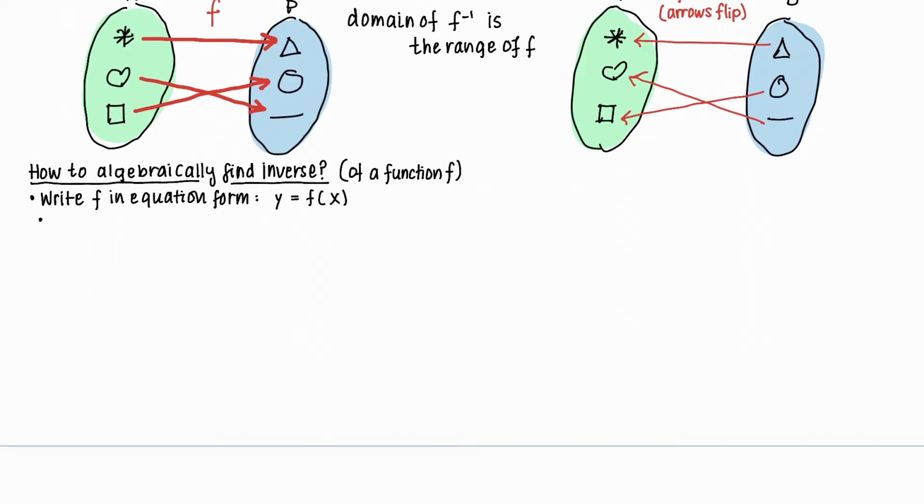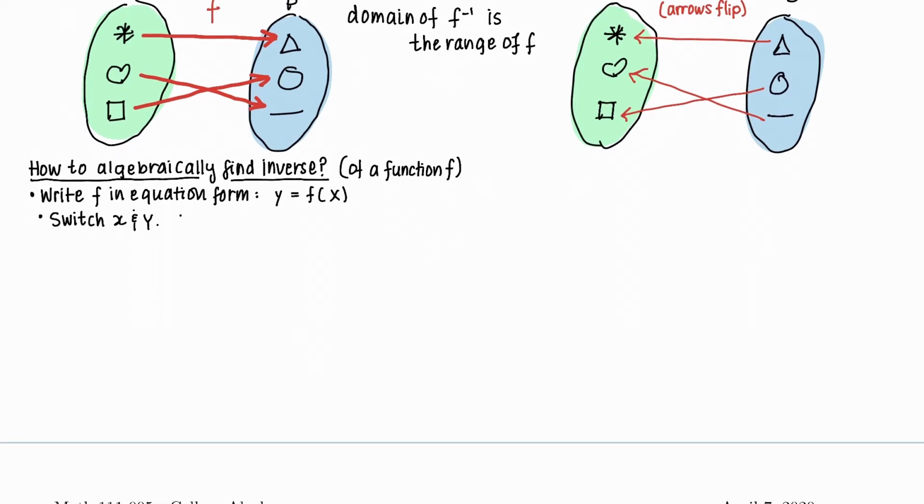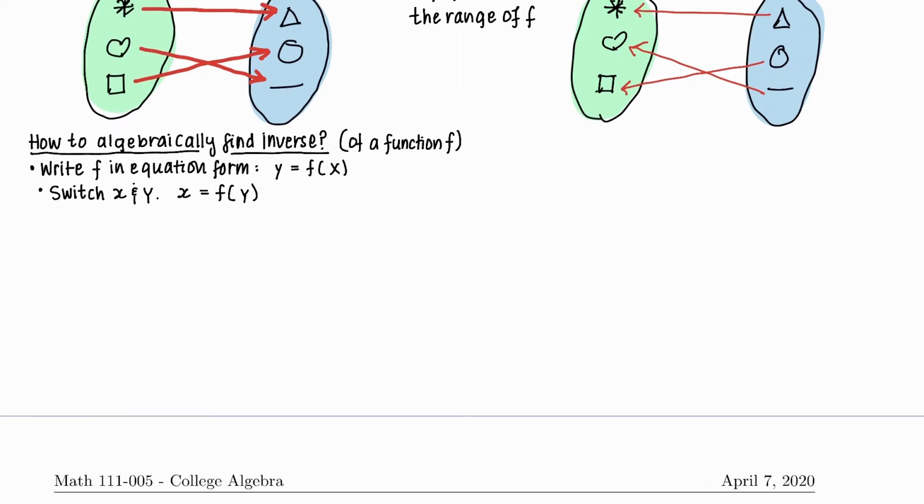Now, what I'm going to do is switch x and y. When I do that, I get that x is equal to f of y. And then I'm going to solve for y in x equals f of y. The result that we'll get is y equals f inverse of x.